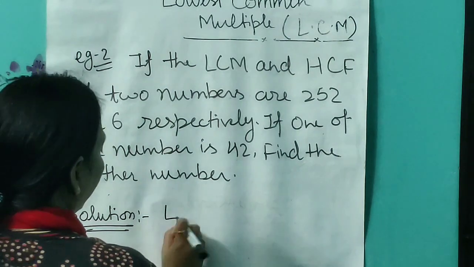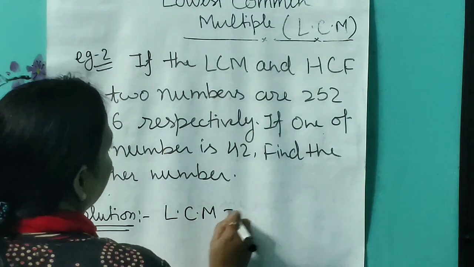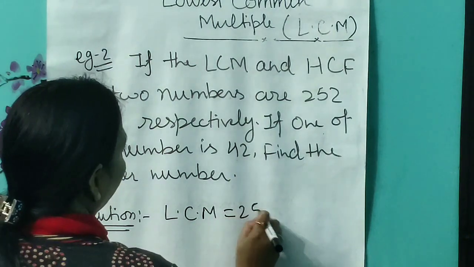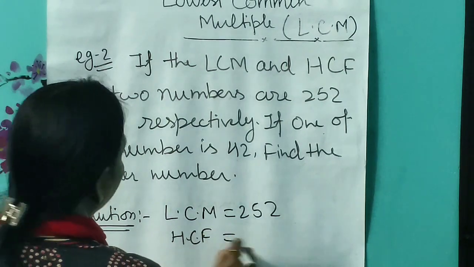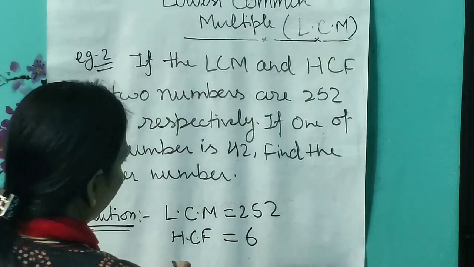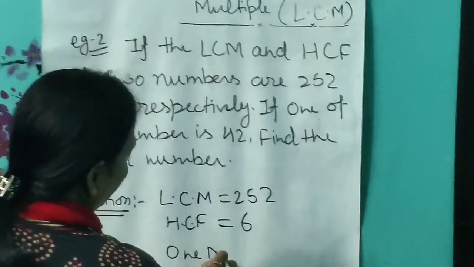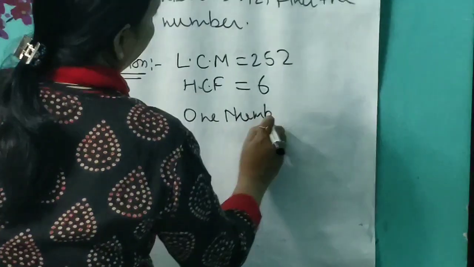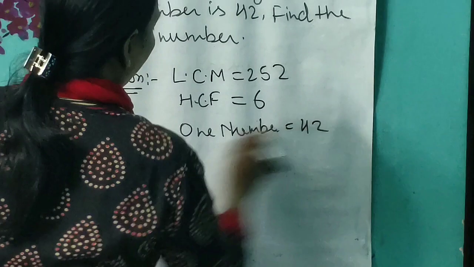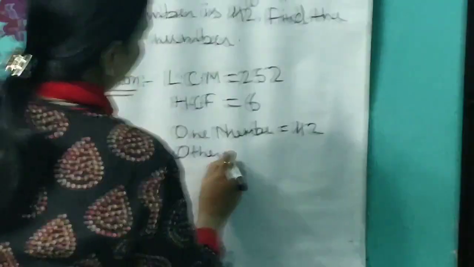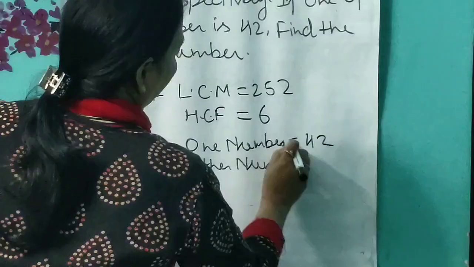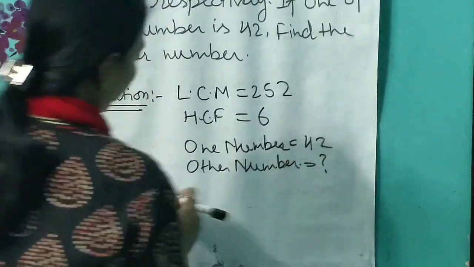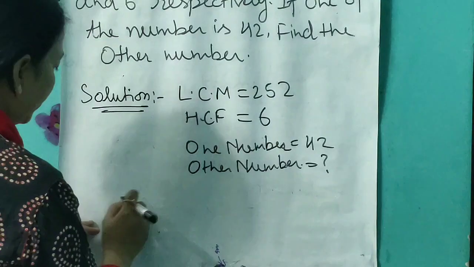Note down what is given. LCM is 252, HCF is 6, one number is equal to 42, you have to find the other number. So write the formula for other number. Now I am writing directly.